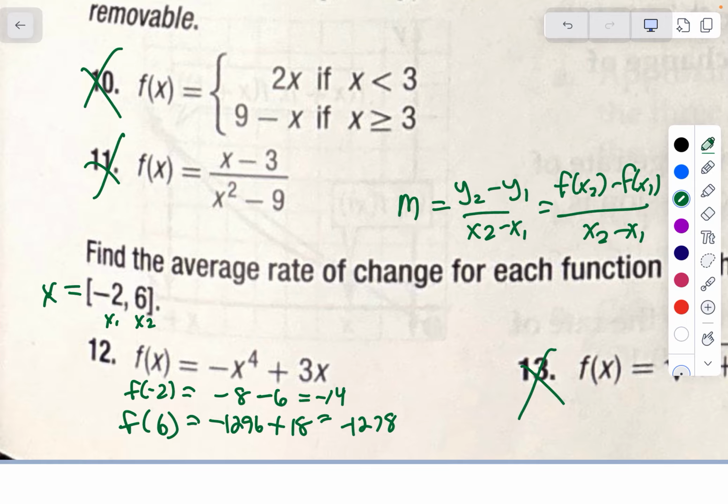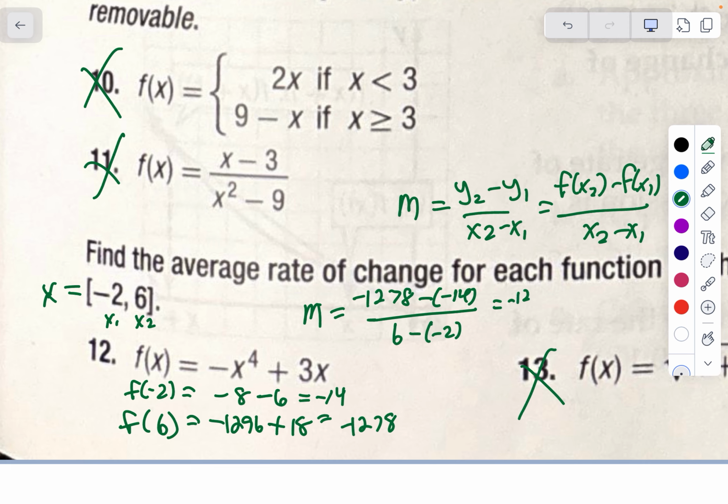So we have the function value with 6. The function value with 6 is -1278. We're going to minus the function value with -2. And then it's 6 minus -2. Now, if you just wanted to plop that and make that a plus, feel free.